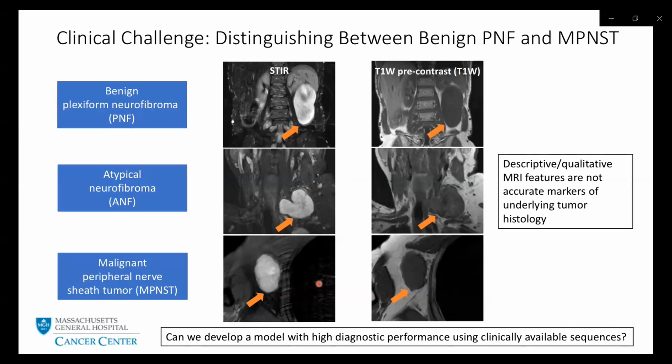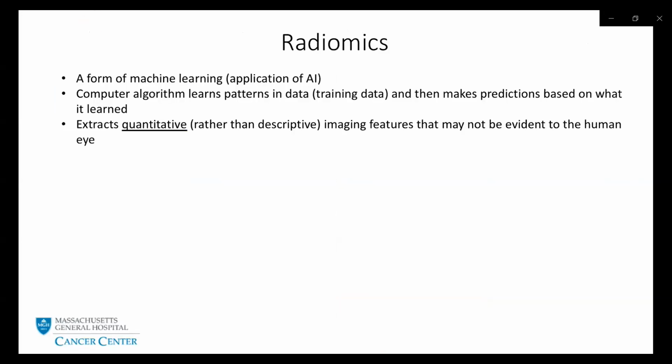Therefore, the question arises, can we develop a tool using clinically available MRIs that allows us to reliably distinguish between plexiform neurofibromas and MPNST? To address this question, we are applying a tool called radiomics. Radiomics is a form of machine learning, which itself is an application of artificial intelligence.